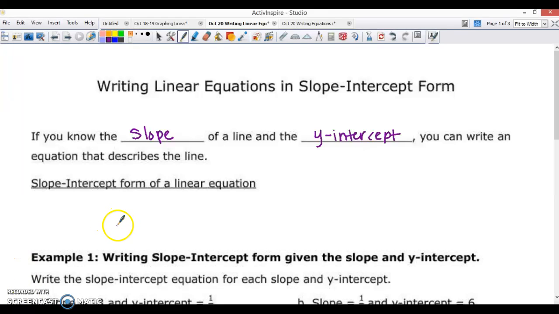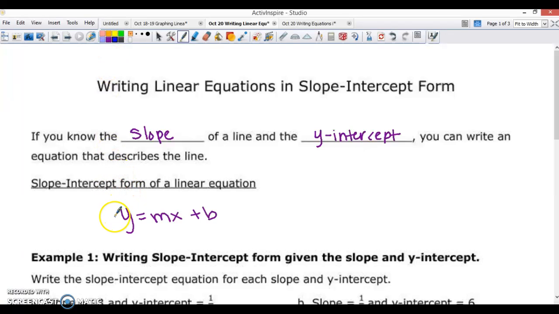Slope-intercept form of a linear equation, we've written down, I don't know how many times, y equals mx plus b. Y equals mx plus b.